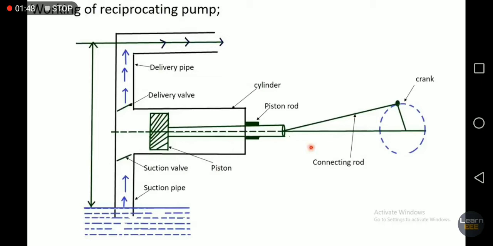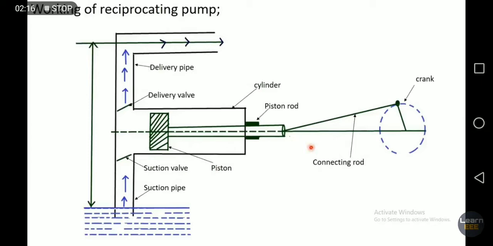In that pipe, there are two sections: one is the suction side and another one is the delivery side. The suction pipe is connected under the pump, and the delivery pipe is connected above the pump. The pipe has two valves: one is the suction valve and another one is the delivery valve.